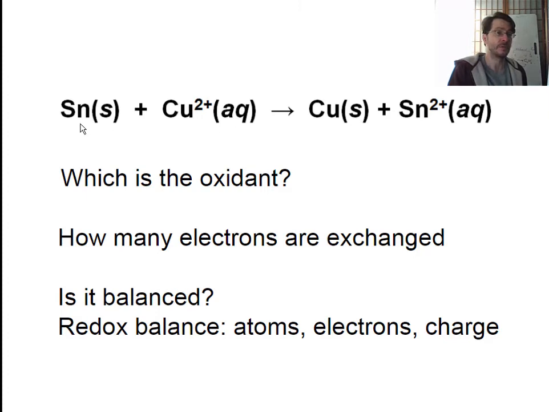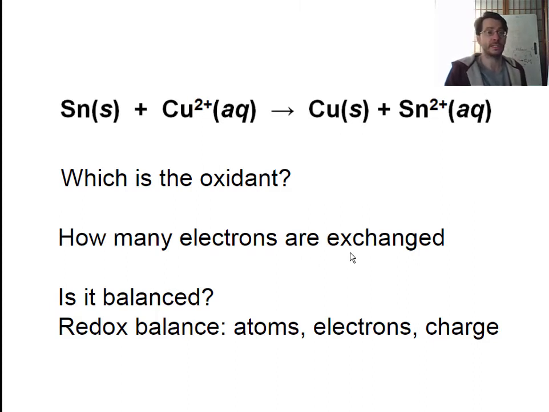So we would say the tin goes from Sn 0 to Sn +2. So this tin is being oxidized, so therefore the copper is being reduced. And we can see that, +2 to 0. And so the copper is the oxidant. This copper is causing the tin to oxidize.